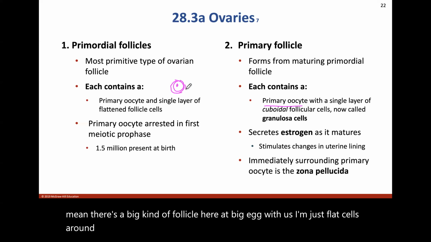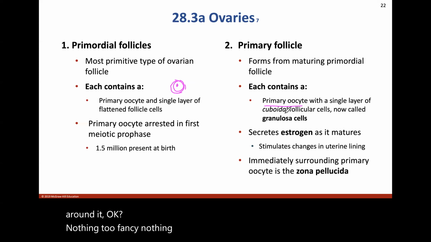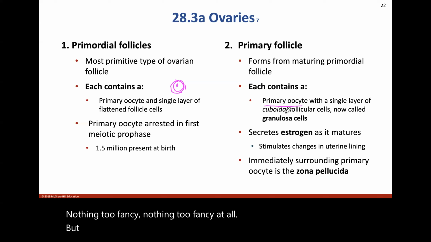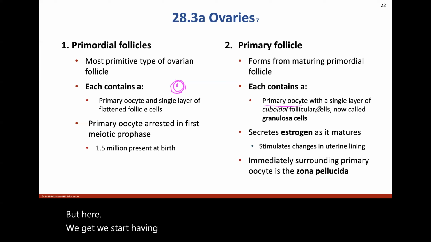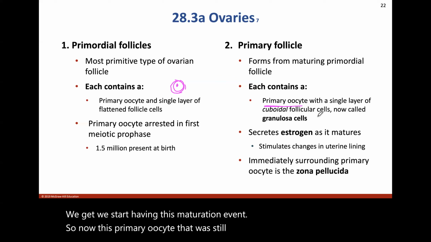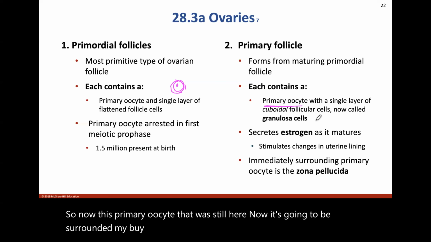Nothing too fancy at all. But here, we start having this maturation event. Now this primary oocyte is going to be surrounded by more cuboid-shaped cells, and I don't really care about that.